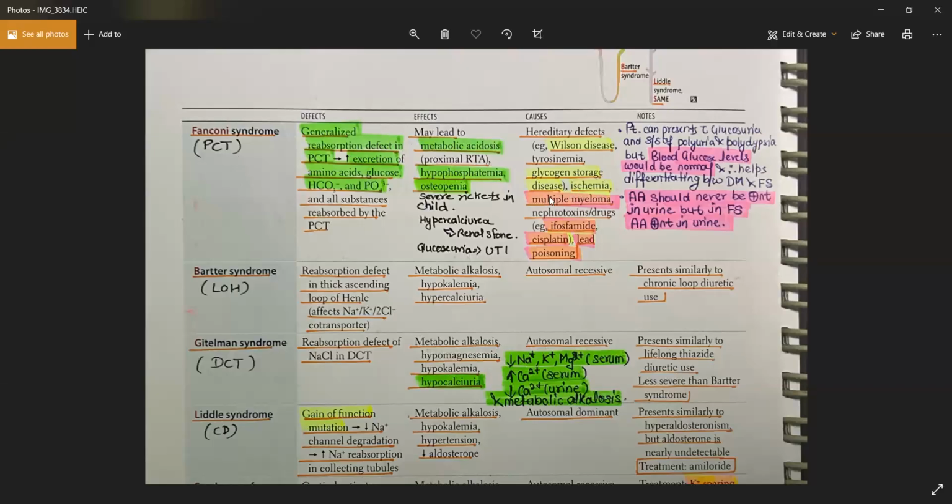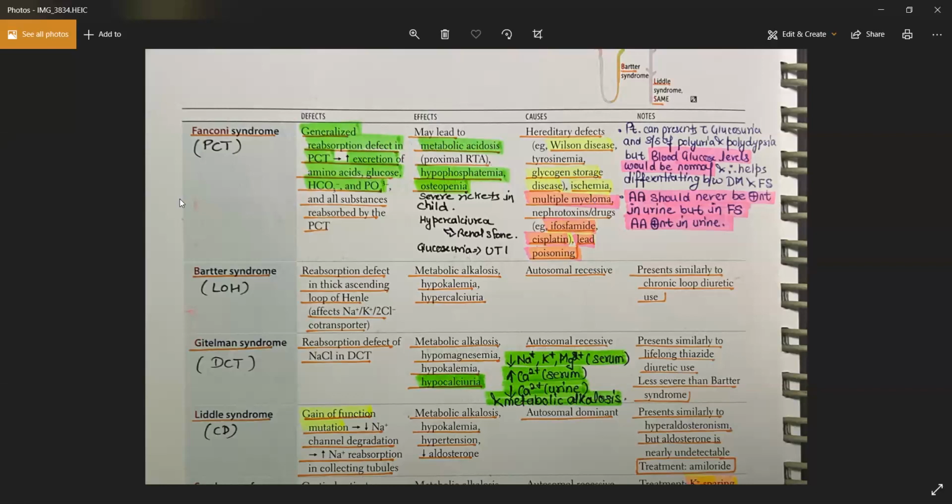Multiple myeloma, where you have damage of the kidney because of the presence of all these proteins, antibodies and all these things, you will have damage of the kidney, you will get renal failure, I told you, right? So in multiple myeloma, you can get Fanconi syndrome. Certain anti-cancer drugs like ifosfamide, cisplatin, carboplatin, and lead can cause Fanconi syndrome.